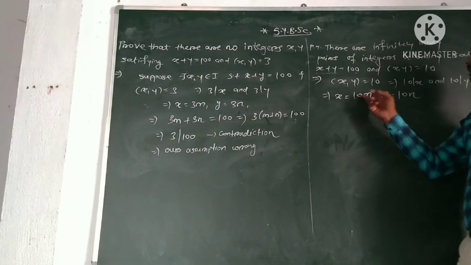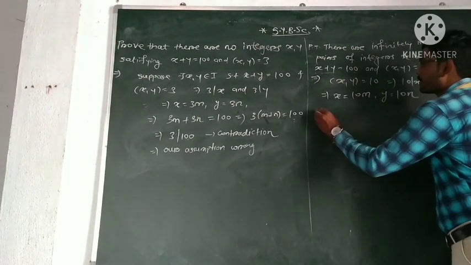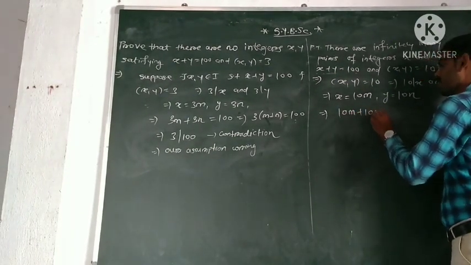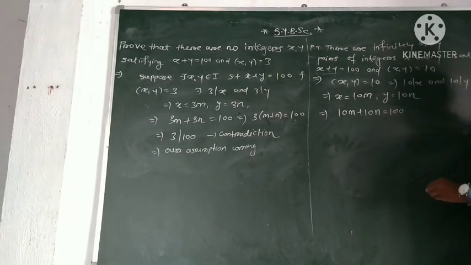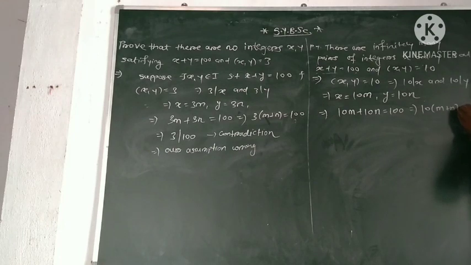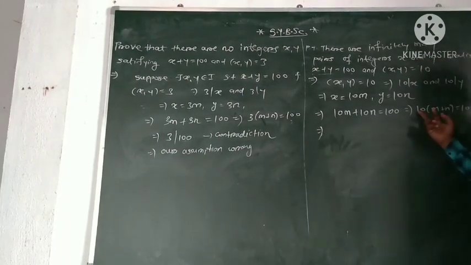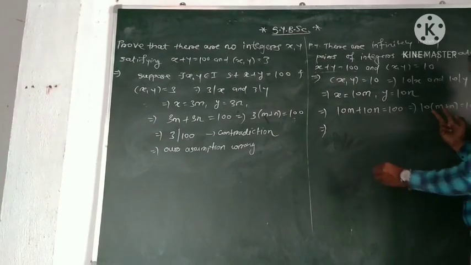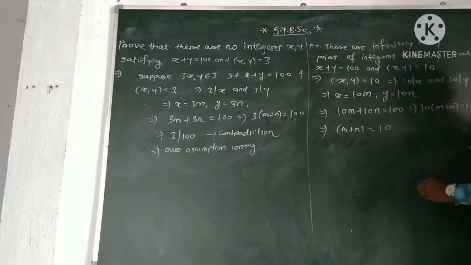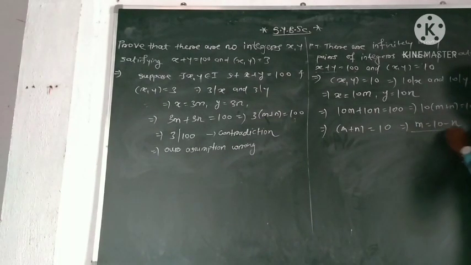So x is equal to 10m, y is equal to 10n. Put this value in the equation x plus y is equal to 100. This implies 10m plus 10n is equal to 100. Take 10 common: 10 times (m plus n) is equal to 100. Divide both sides by 10. We get m plus n is equal to 10, that is, m is equal to 10 minus n.